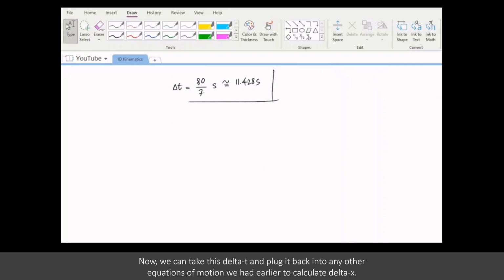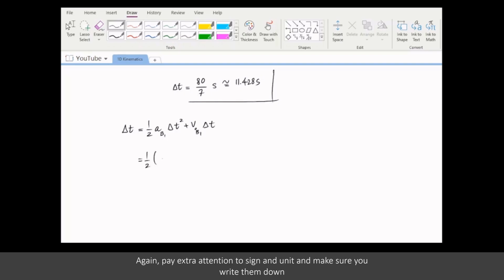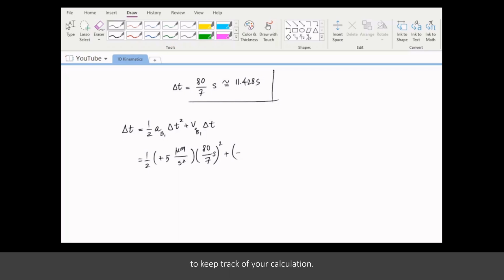Now we can take this delta t and plug it back into any other equations of motion we had earlier to calculate delta x. Again, pay extra attention to sign and unit, and make sure you write them down to keep track of your calculation.